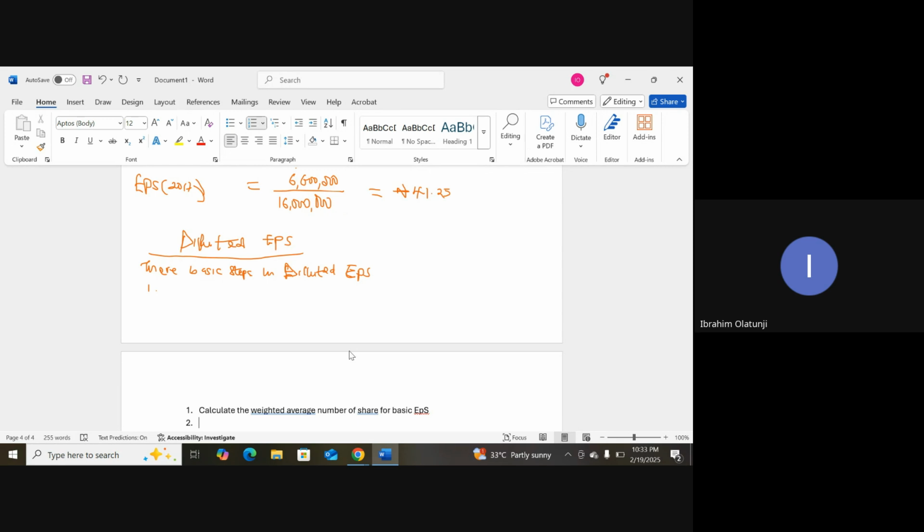Number two is that you have to compute the equity earnings for basic EPS.